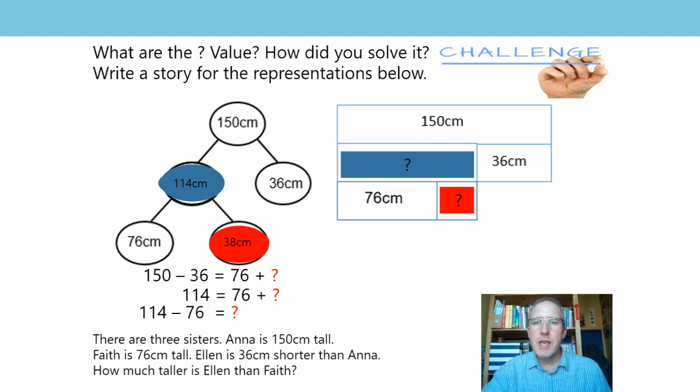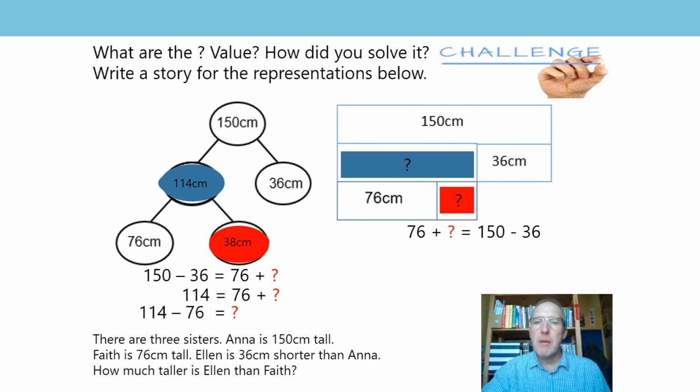Did the bar model suggest another method to you? What do the blue and red rectangles represent? That's it. The blue rectangle is Ellen's height, and the red rectangle is how much taller Ellen is than Faith. Because remember, Faith is 76 centimetres tall. So we could write a balanced equation. 76 plus something is equal to 150 minus 36.